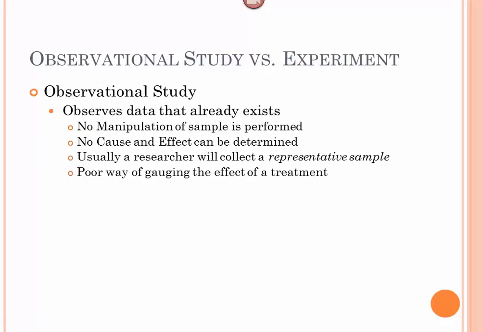Why? Because we haven't exercised enough control over the other variables that could be hidden there in the background. Especially in the case of medical treatments, we actually have to do an experiment.